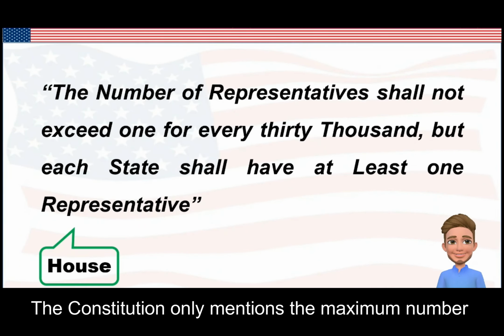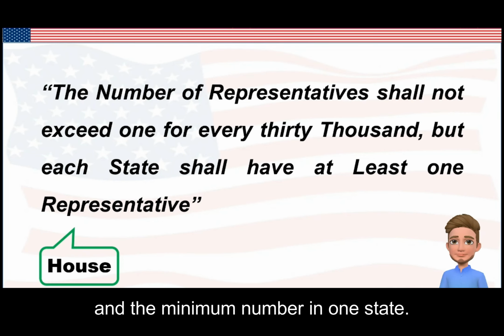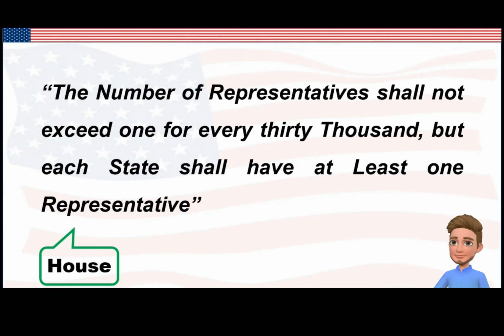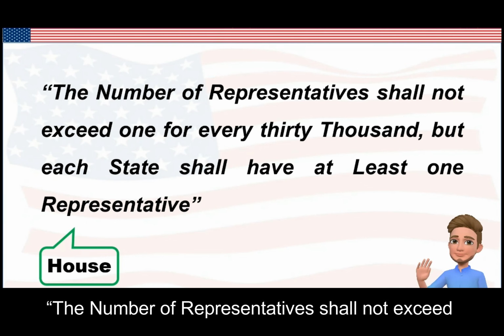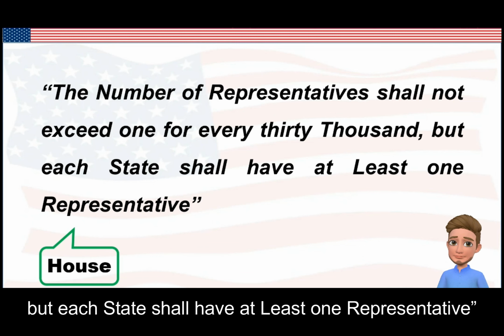The Constitution only mentions the maximum number of representatives per population and the minimum number in one state. The number of representatives shall not exceed 1 for every 30,000. But each state shall have at least one representative.